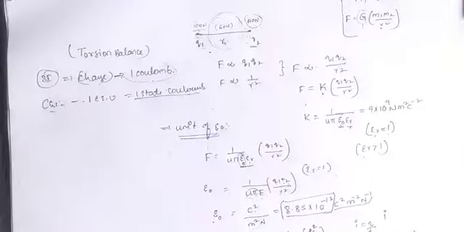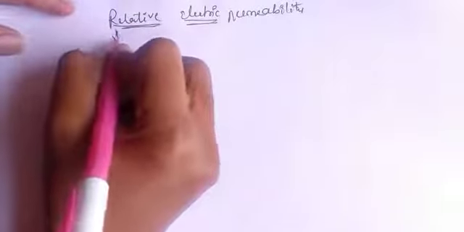And here we have to know about the dielectric constant, that is the relative electric permittivity, epsilon R. So the dielectric constant is the relative electric permittivity.